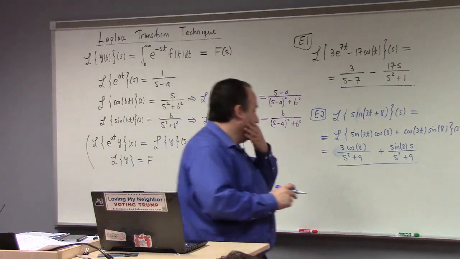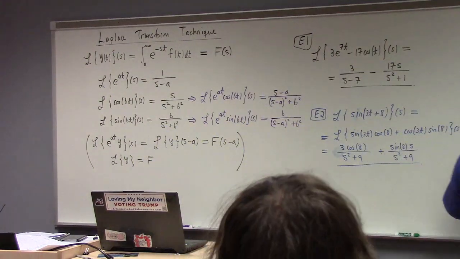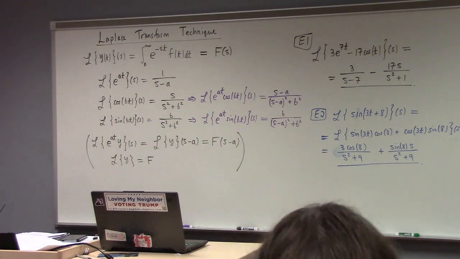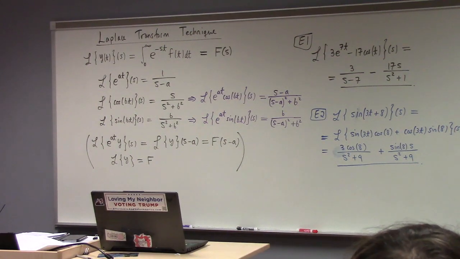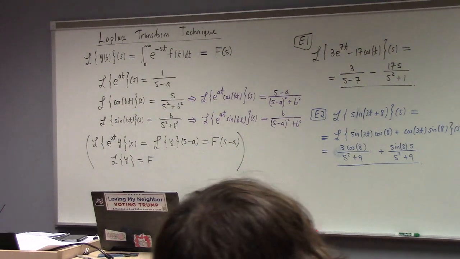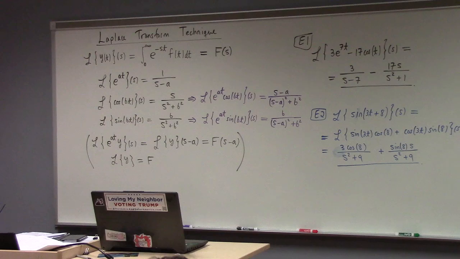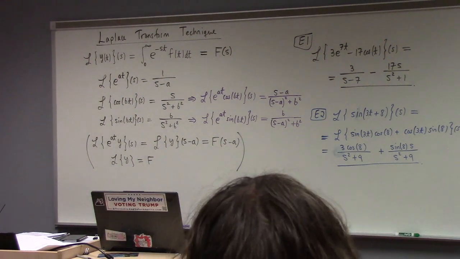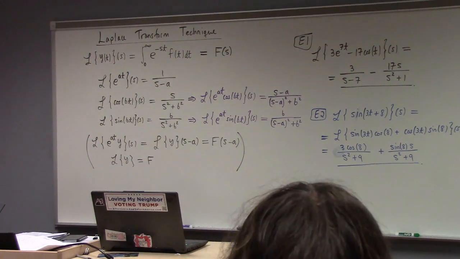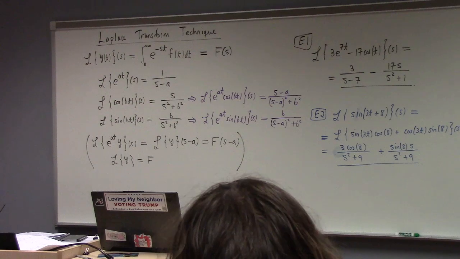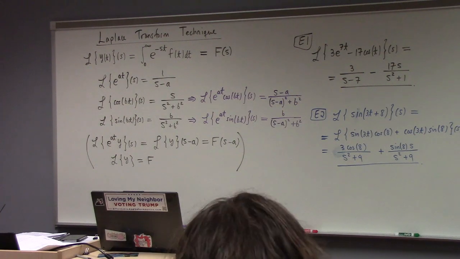What I'm trying to remember is the definition. Say f mapping, say, from 0 to infinity to the reals has exponential order alpha provided certain conditions are met.